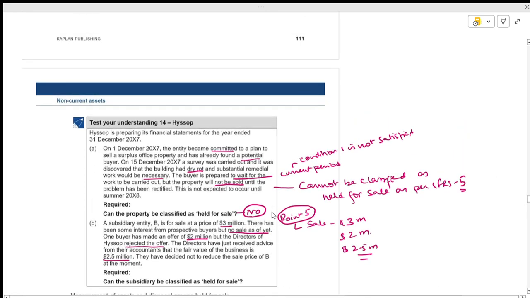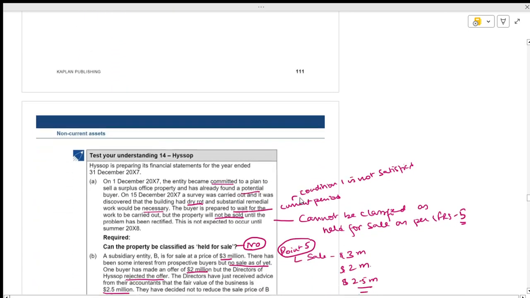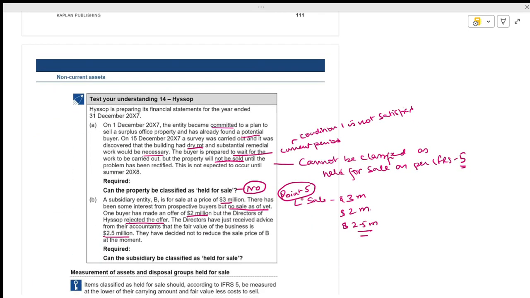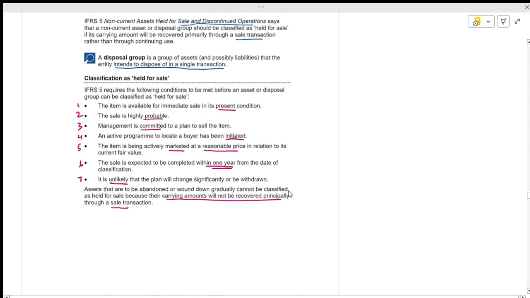Now, what does point number 5 say? The item is being actively marketed at a reasonable price. See, it is in millions. It is not a small amount. Is it right? And they said, but no sale as of yet. We are trying to locate the buyer. Management is committed to a plan to sell the item.